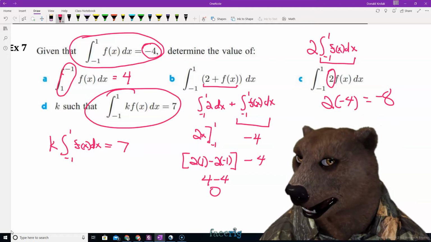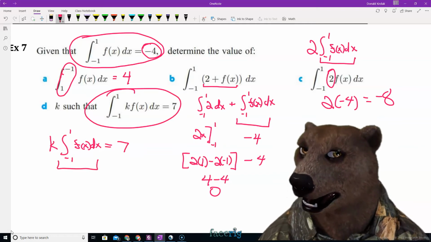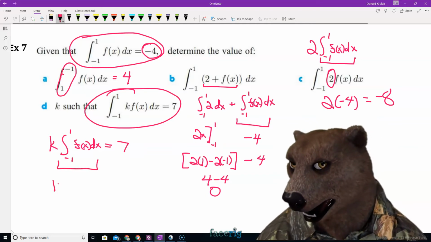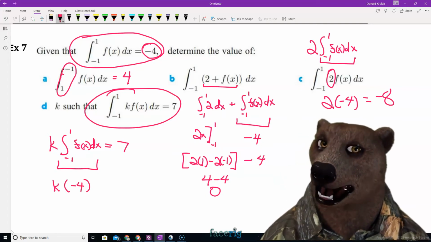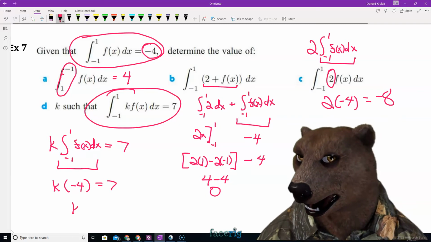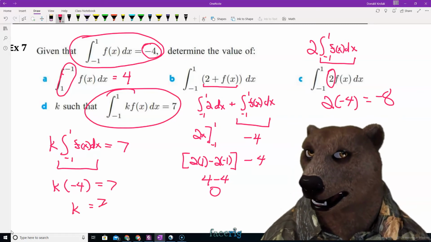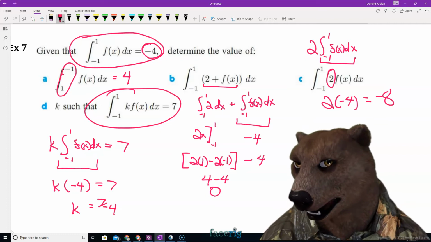All right, we know that this value here is negative 4. So k times that integral has to be 7. So there's our value of k.